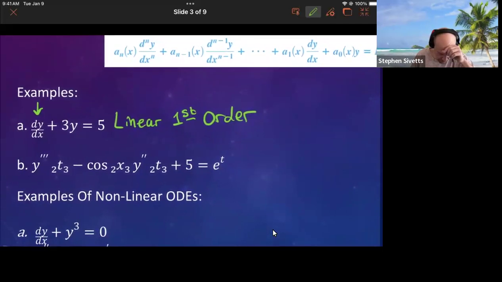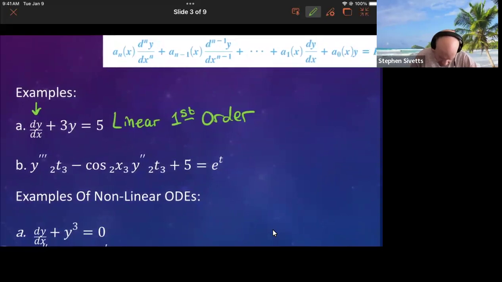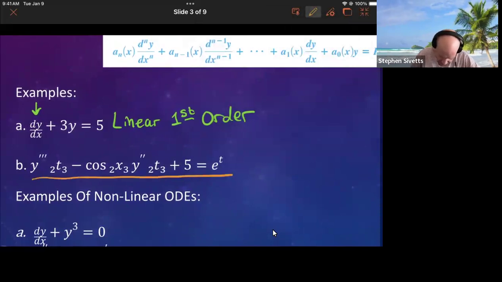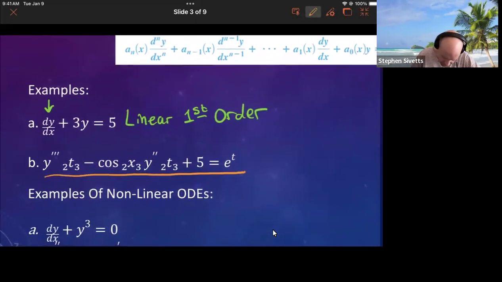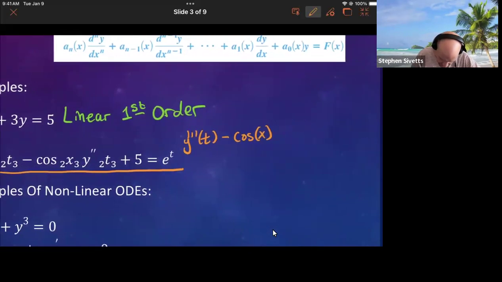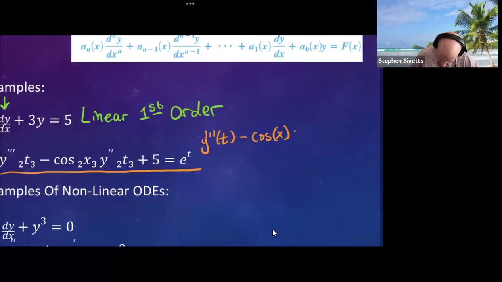This example should be y triple prime of t minus cosine of x times y double prime plus 5 equals e to the t.